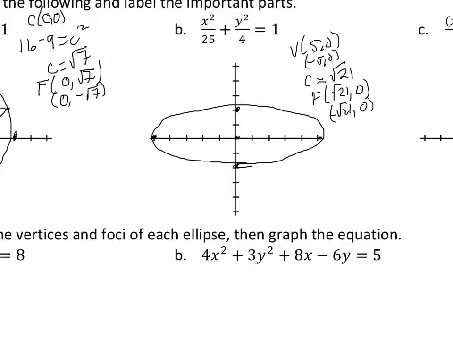And square root of 21, that's 4 and some change, right? The square root of 16 is 4, the square root of 25 is 5, so it's about 4.6, give or take. So right around in there and there. Again, the foci are getting very close to the vertices. All right, we okay with that?